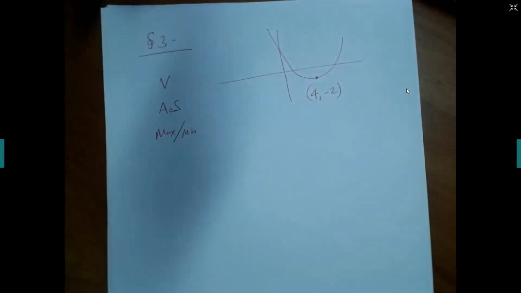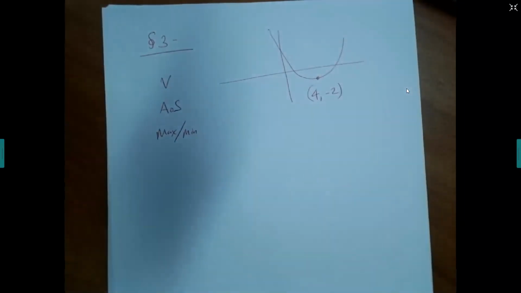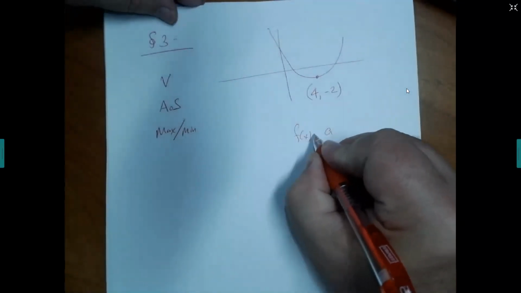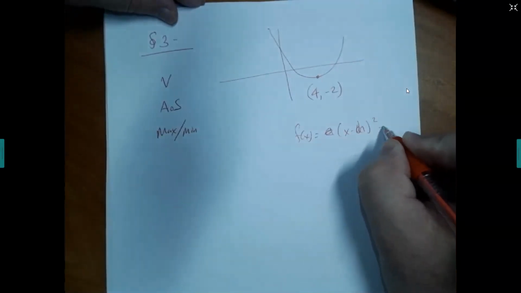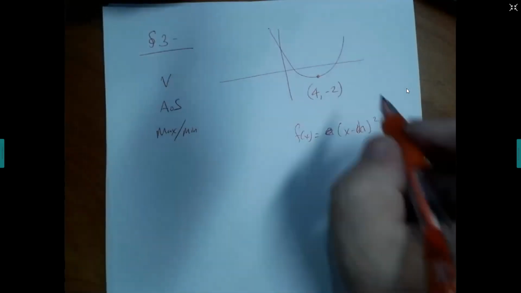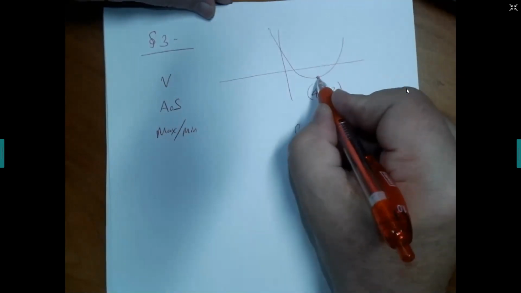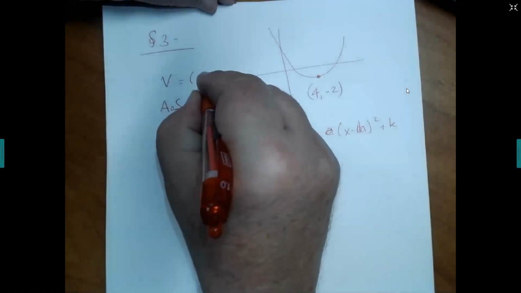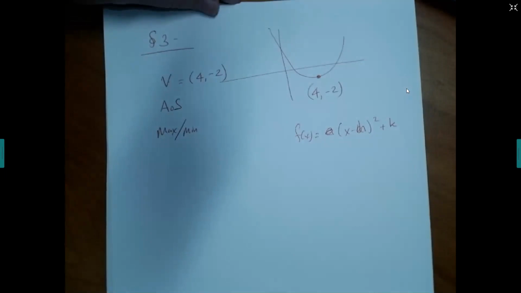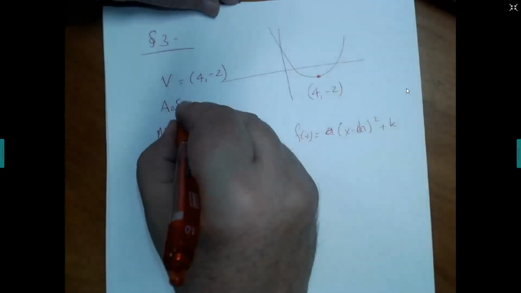They just give us a general equation. We'll set f of x equal to a times x minus h squared plus k, because it didn't define it. It just gave you the general equation in vertex form. But for this one, for the vertex and maximum, you only need 1 point. The vertex. The vertex is where? At the lowest point, at 4, negative 2. What's the axis of symmetry?